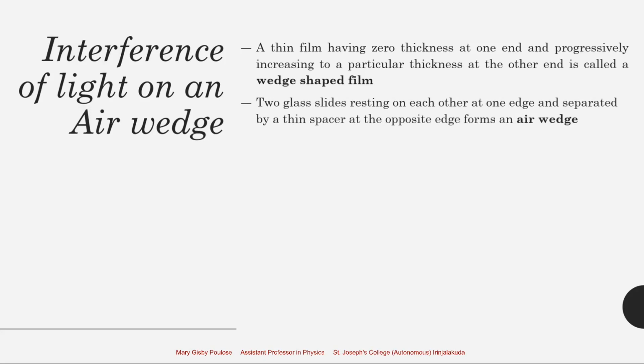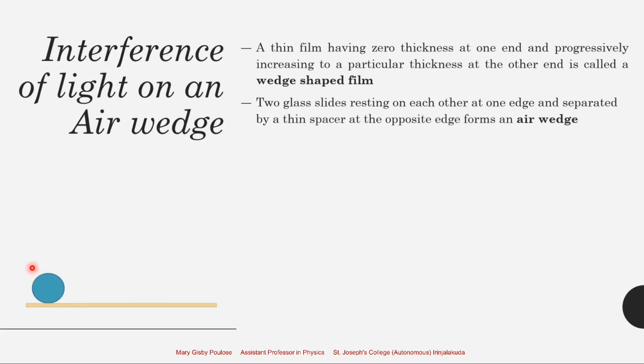Now, two glass slides resting on each other at one edge and separated by a thin spacer at the other edge form an air wedge. So how is it formed? Here we have one glass slide, and on one side we place a thin wire or a thin sheet that acts as a spacer.